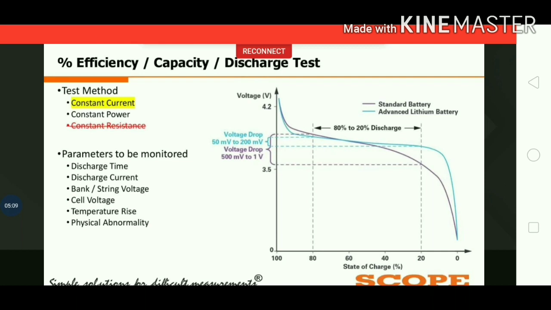When the state of charge is around 100%, the battery voltage is just above 4.2, which is the float voltage.